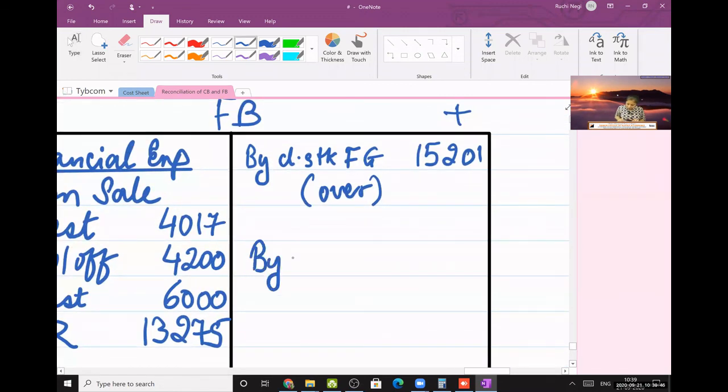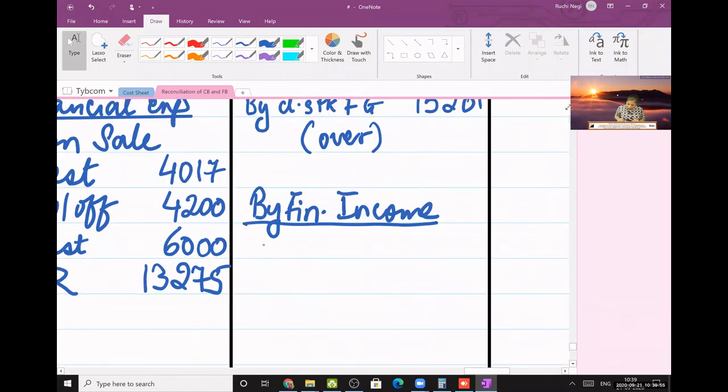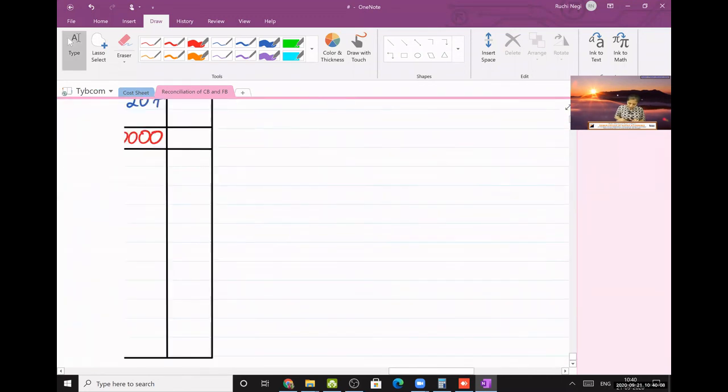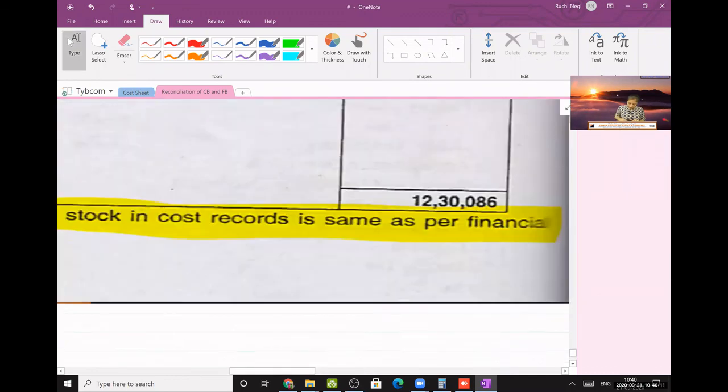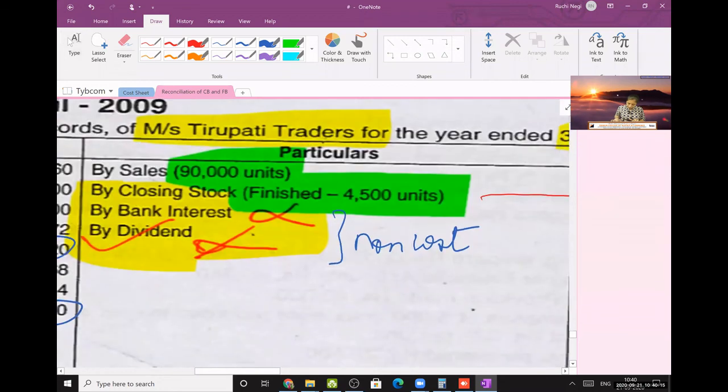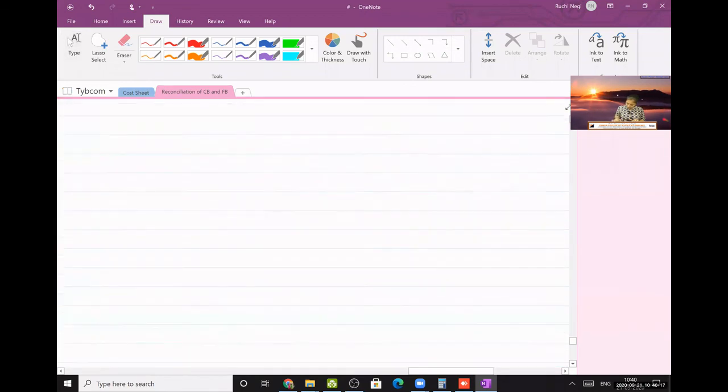Financial expense, financial income, dividend and bank interest. Four ten and 6,900.